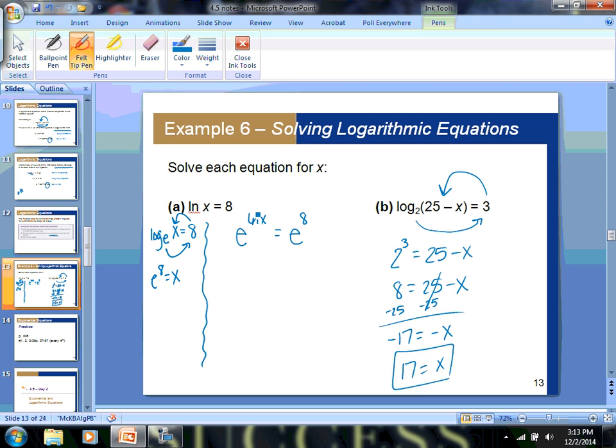Okay? So what that does then is it cancels out the natural log and the e. So you have x equals e to the 8th. And that's the exact same thing that we had. Okay, so now it's a calculator problem. You have to do e to the 8th, and you get 2,980.9580.